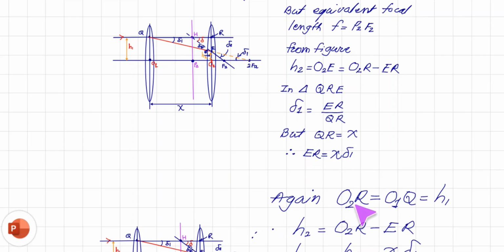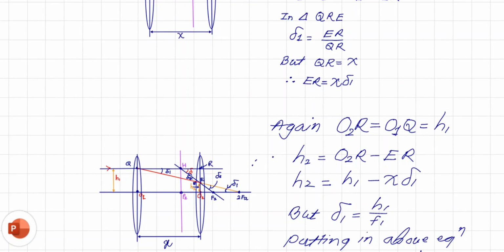Again O2R is equal to O1Q is equal to H1. So this height, this is H1, is equal to O2R, and that is exactly equivalent to this distance O1Q, that is H1. Now we know that H2 is equal to O2R minus ER.